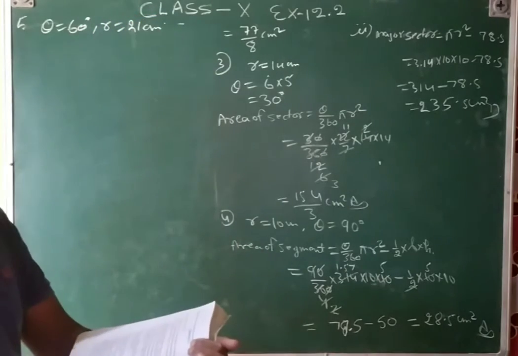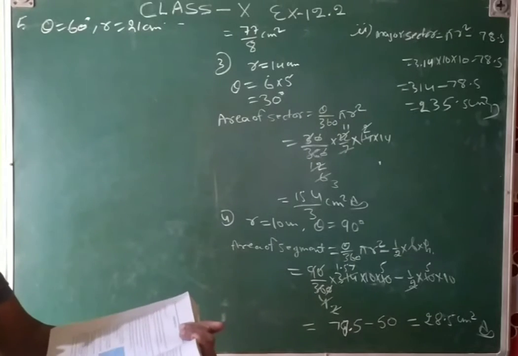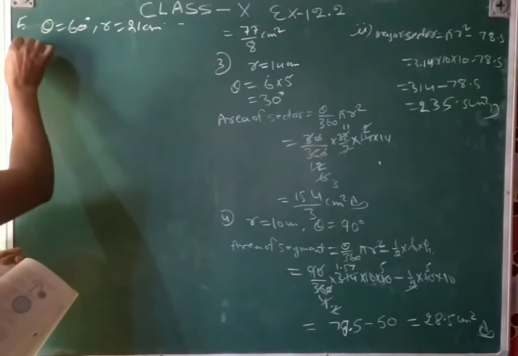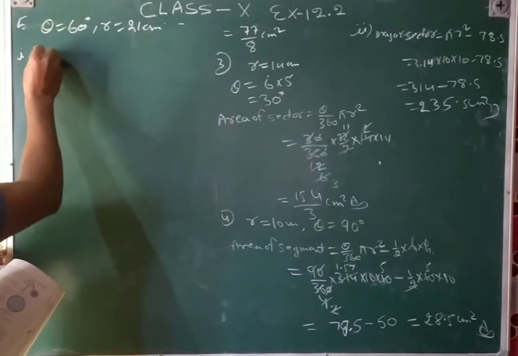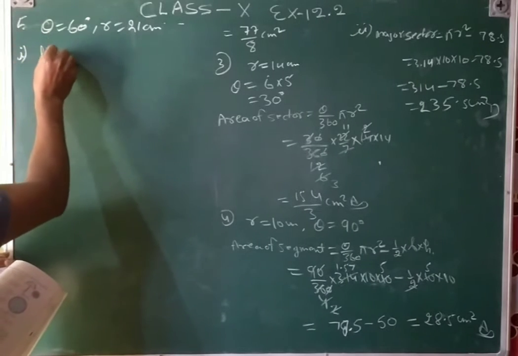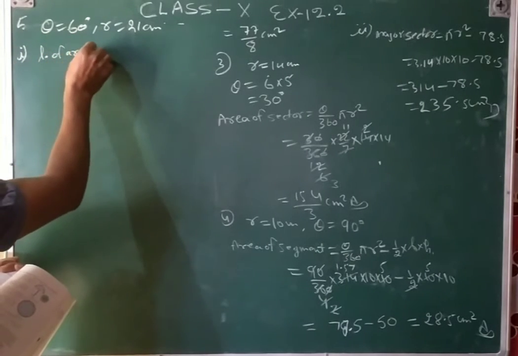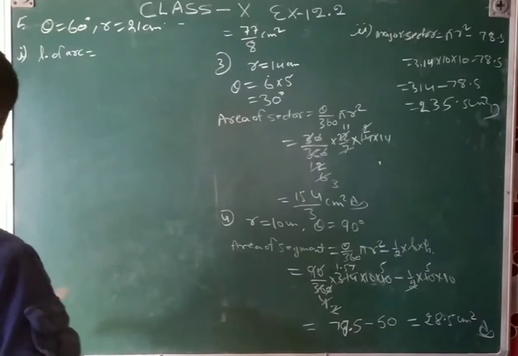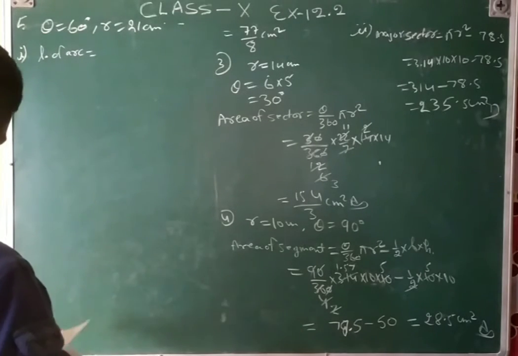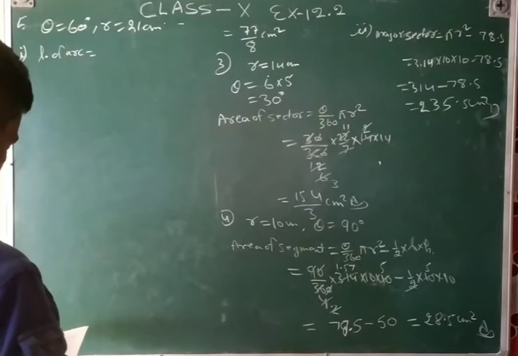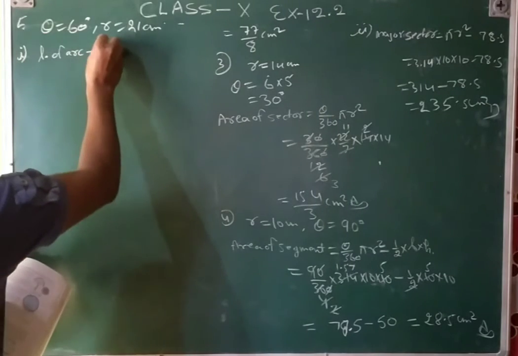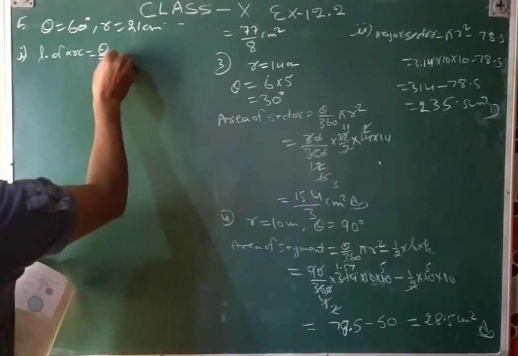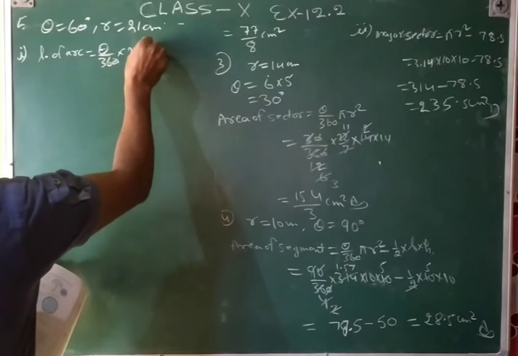And then we need to find that first part, length of arc. Length of arc is equal to, length of arc formula is theta upon 360 into 2 pi r.